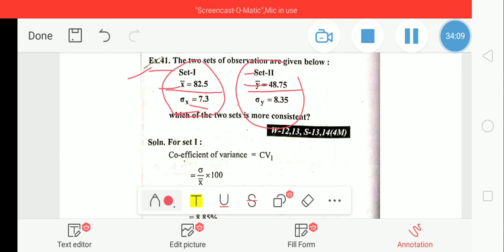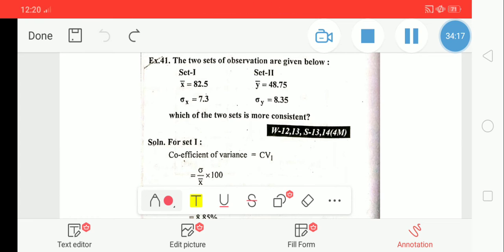That is the standard deviation of set 1 and that is the standard deviation of set 2. Which of the two sets is more consistent? Here also we find which of the two sets is more consistent.